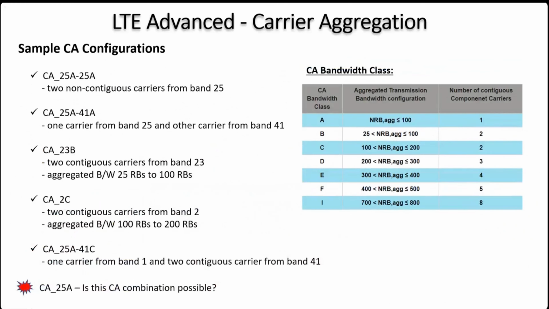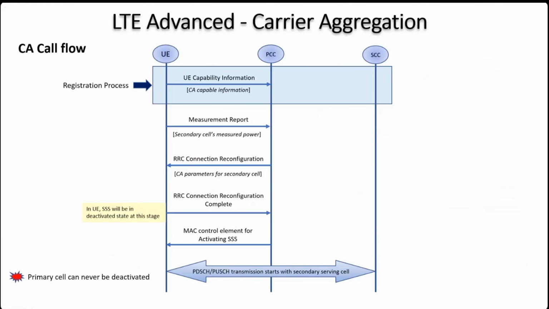Now this is the simple flow, which I think you all have gone through. What exactly happens when there is a registration and you want to have carrier aggregation: it will send the UE capability to the primary cell.